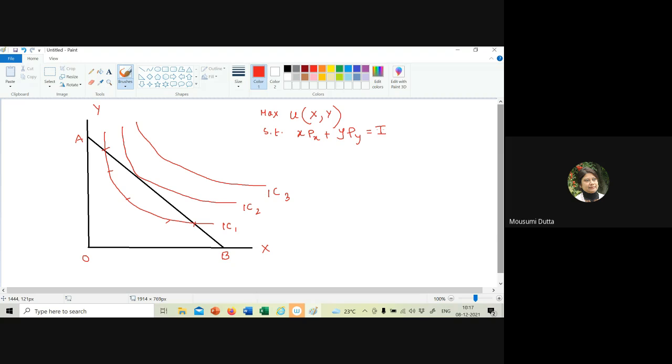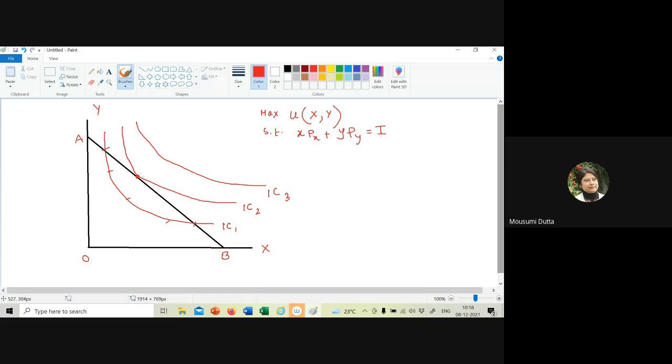Now, if I consider IC2 instead of IC1, we are getting a point of tangency between the indifference curve and the budget line at the marked point.